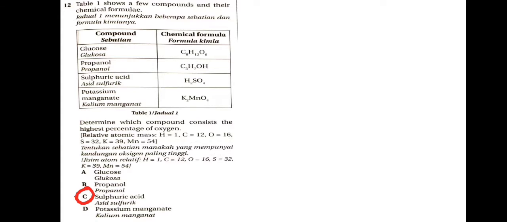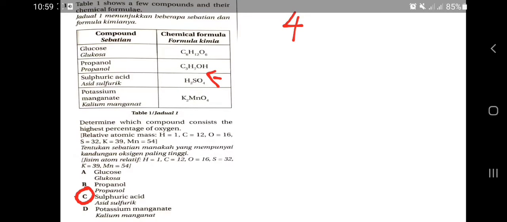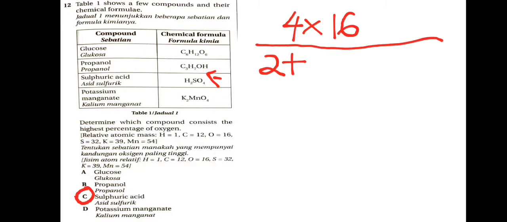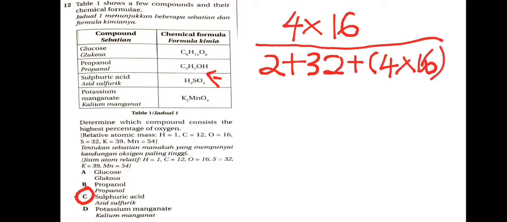For sulfuric acid, if we look at the chemical formula, it has 4 atoms of oxygen. So 4 times the RAM of oxygen, 16, over the total RMM for sulfuric acid: hydrogen there are 2, so 2, plus sulfur. What is the RAM for sulfur? 32. Plus 4 times oxygen, 16. Then we multiply by 100.